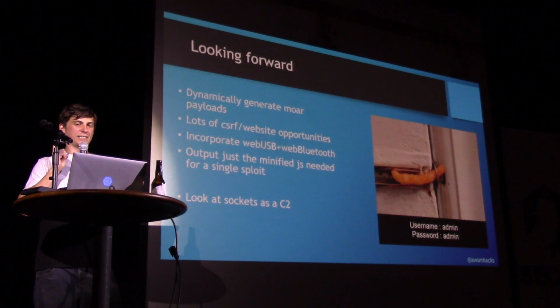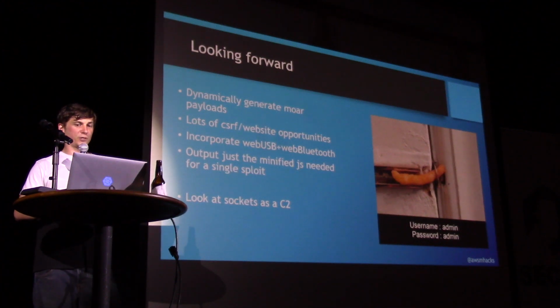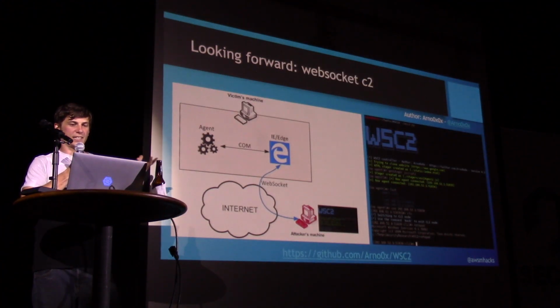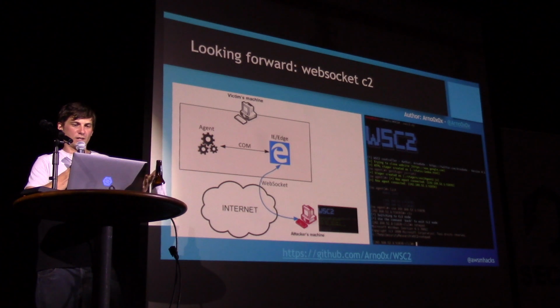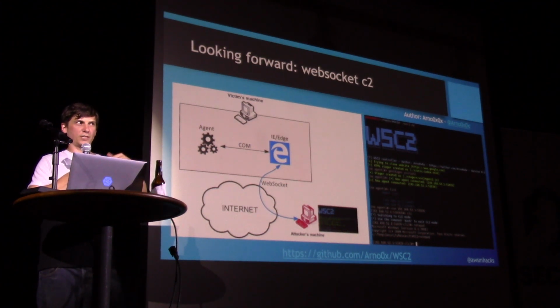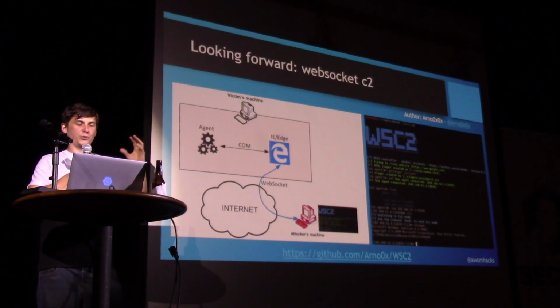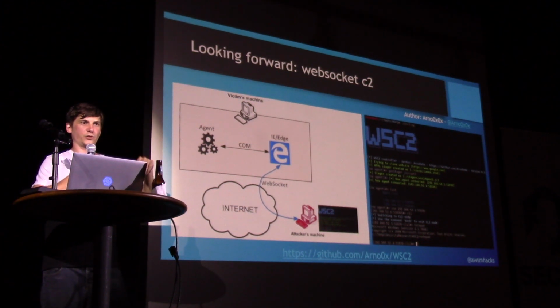And then something I found recently while looking at all this is using WebSockets as a command and control server. This guy, I don't know his real name, his hacker name is like Arnox Fox, I think. He found out that IE and Edge have access to the Component Object Model in Windows, and he can actually use IE and Edge as a C2, and it's all over WebSockets.